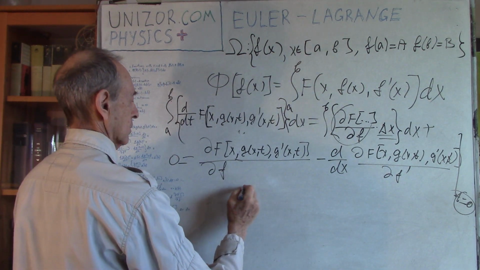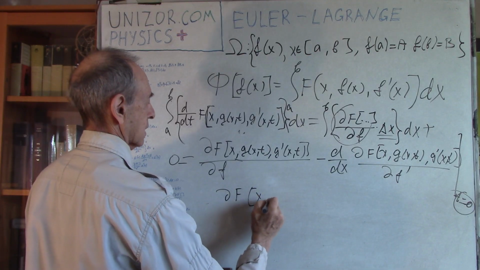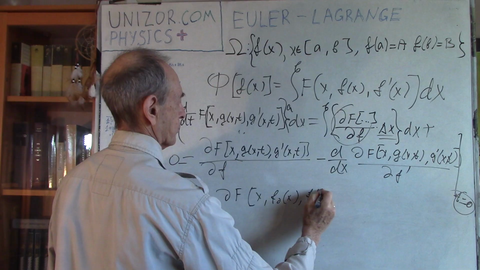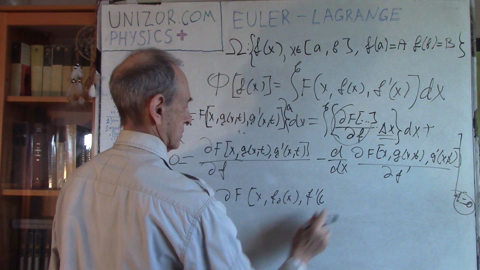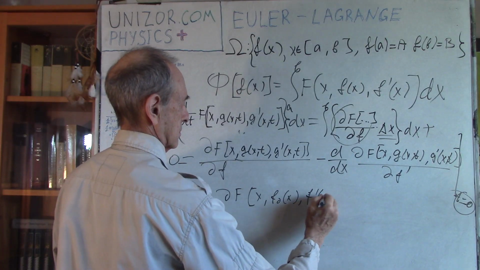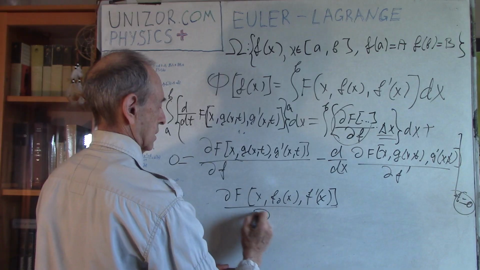So I will have dF of x, f0 of x, and f0 prime of x by df.